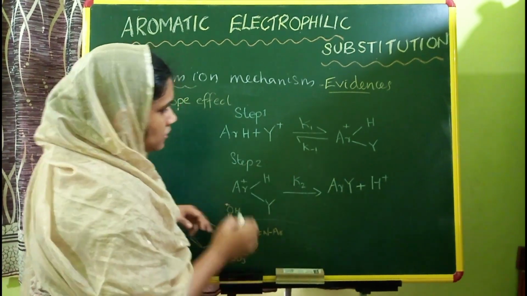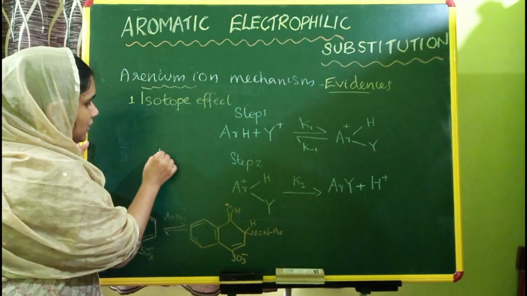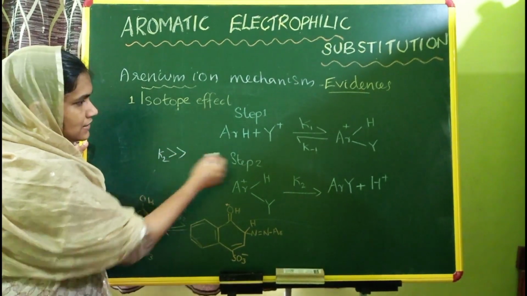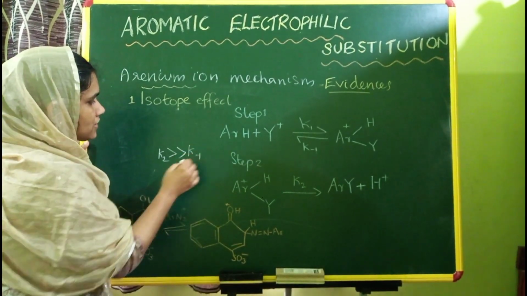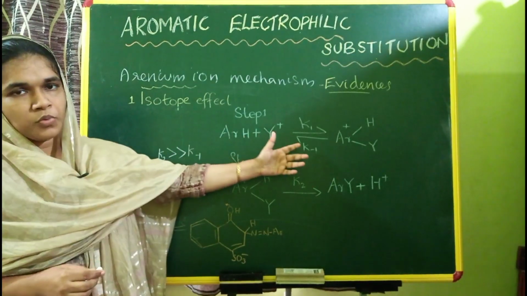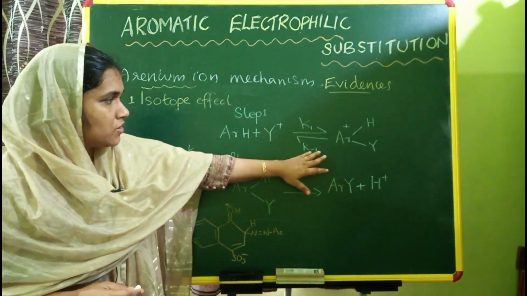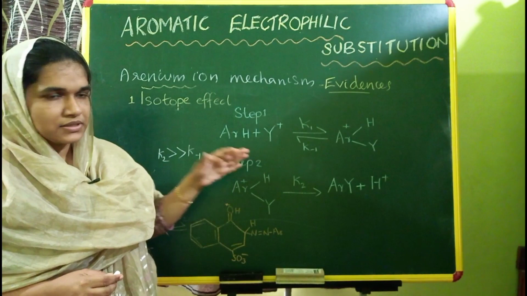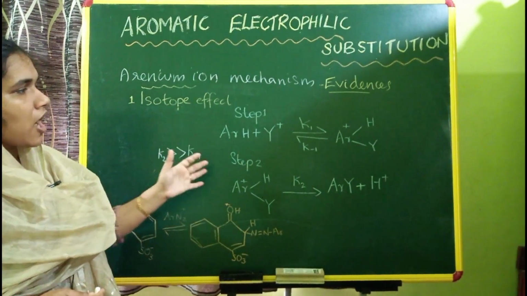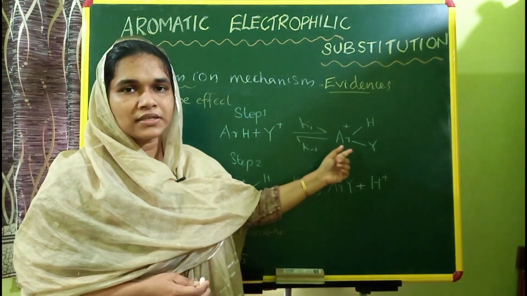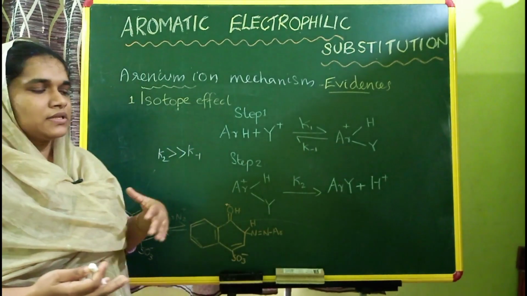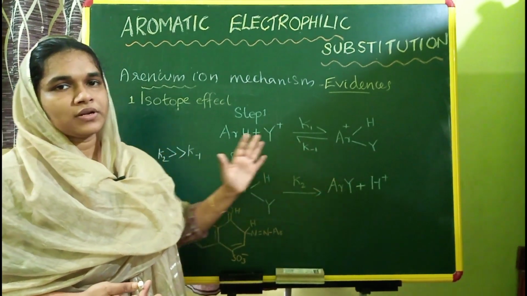In usual cases k2 is very much greater than k inverse, so there is no consideration of the backward reaction. After formation of the arenium ion intermediate, it immediately converts into the product.